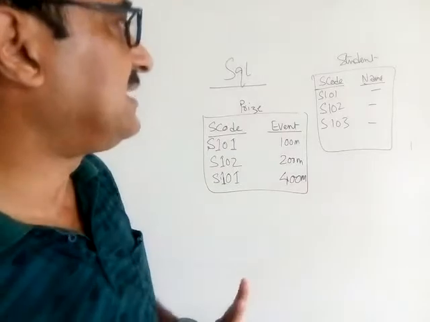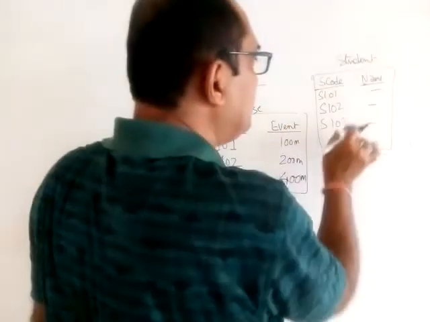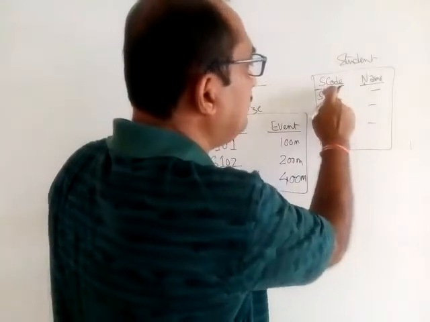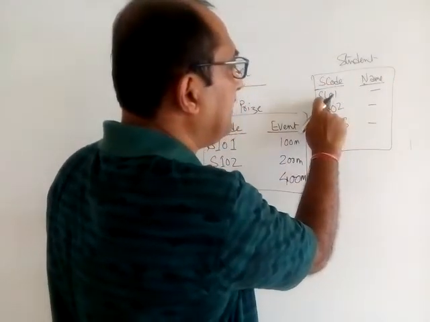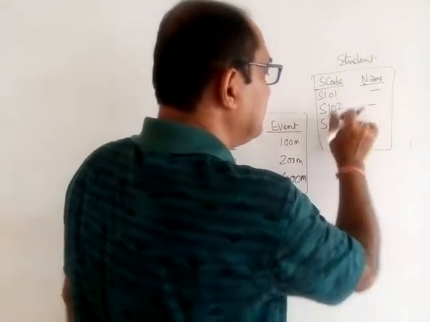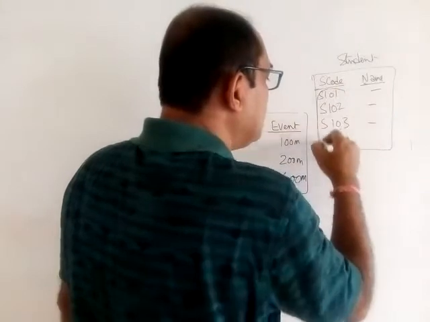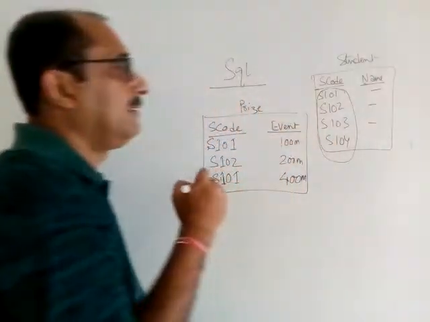Now what I was discussing exactly, what is foreign key? Since it is a student table, here obviously the S code will appear only once. One particular student, his name, his details. Another student, his name, his details. So here we can clearly see that S code is a primary key.